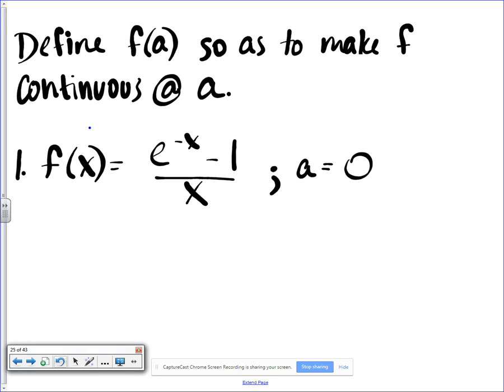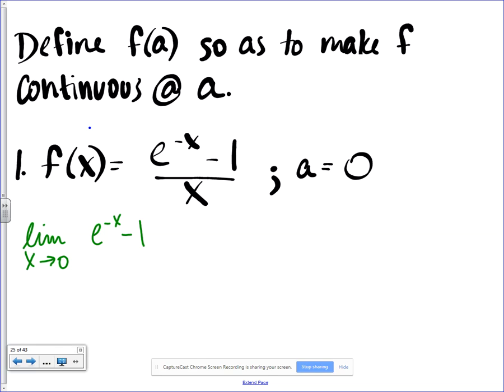So in order to do that, we need to find the limit as x approaches a of f of x minus f of a. Well, I can't plug it in the way it looks, so I have to go ahead and try and find the limit of this thing as x approaches 0.